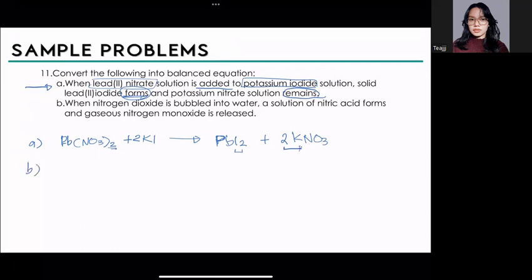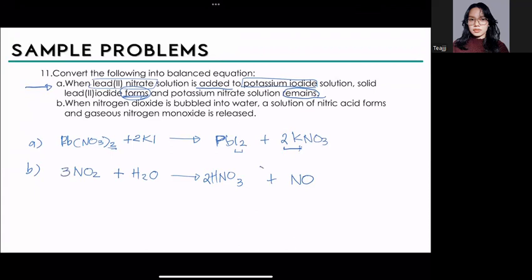Now for letter B, you have nitrogen dioxide bubbled into water, meaning pinareact mo sa water. It gives you a solution of nitric acid and gaseous nitrogen monoxide. There we go. It's quite easy, diba? So you have dalawang hydrogen. So now you have 3 nitrogen on the right side.